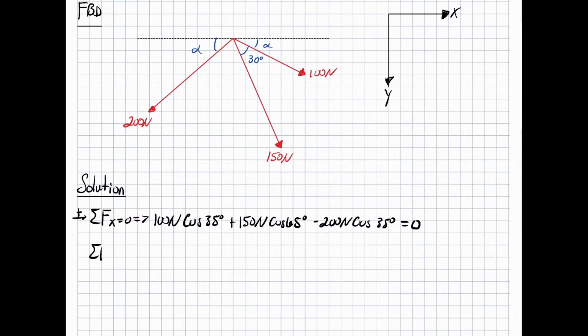And now the sum of forces in the y direction equal to 0. I'm stating that it's positive going down. We have 100 newtons sine of 35, plus 150 newtons sine of 65, plus 200 newtons sine of 35, all equal to 0.